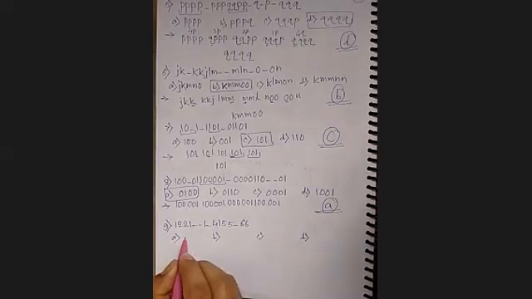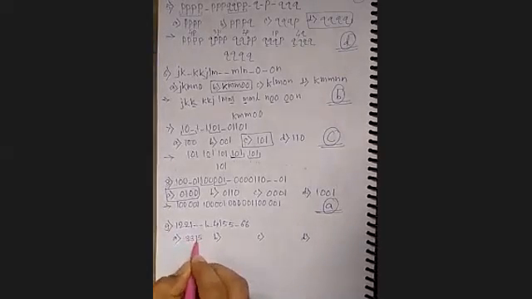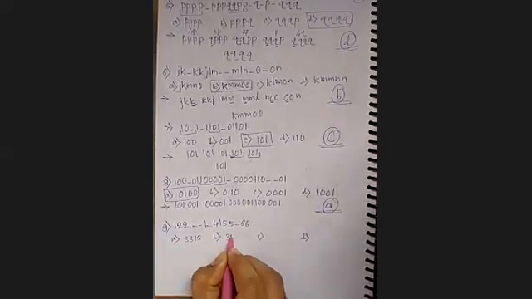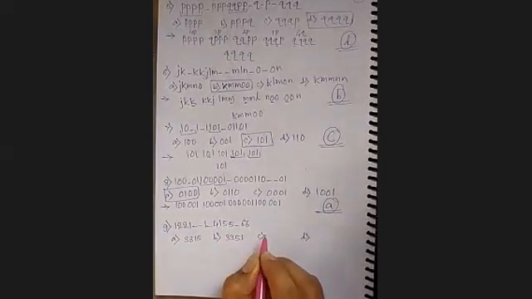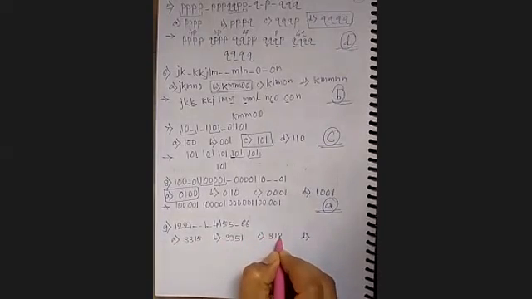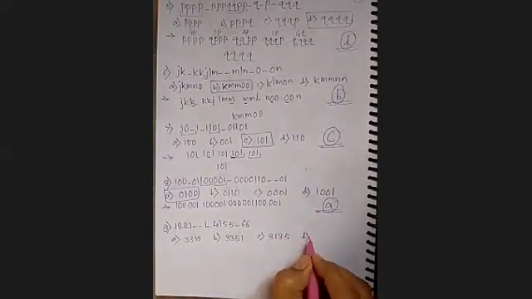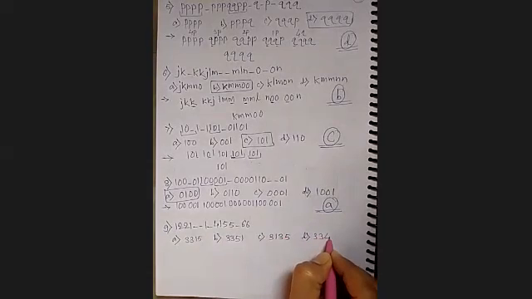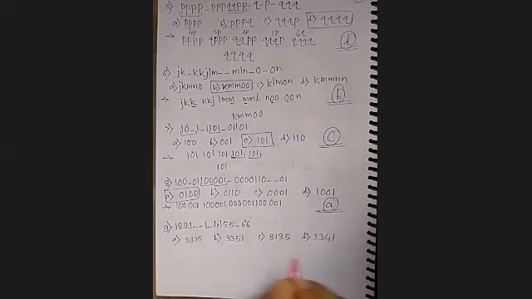So your options are 3 3 1 5, 3 3 5 1, 3 1 3 5, 3 3 4 1. I think you're writing the options. Some of you have already answered this question.